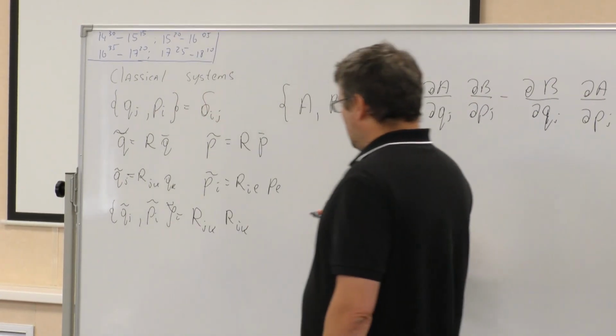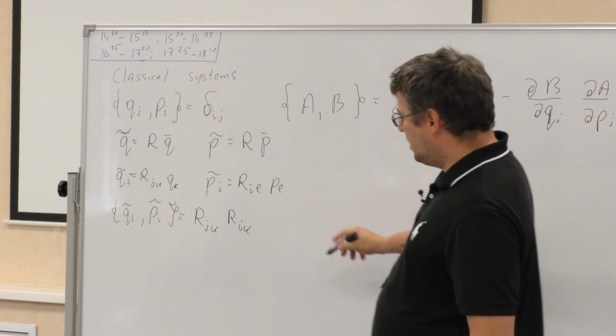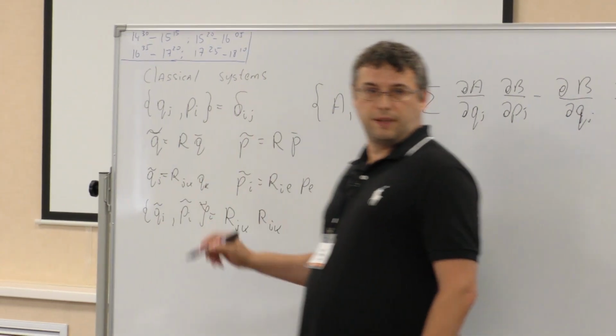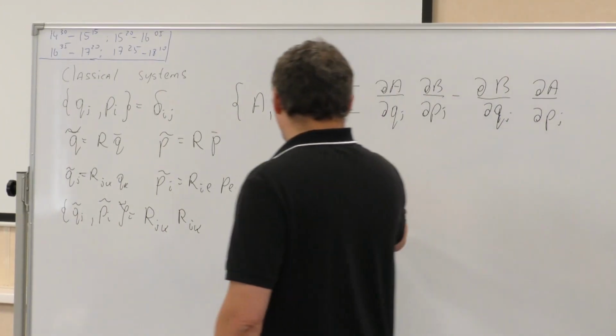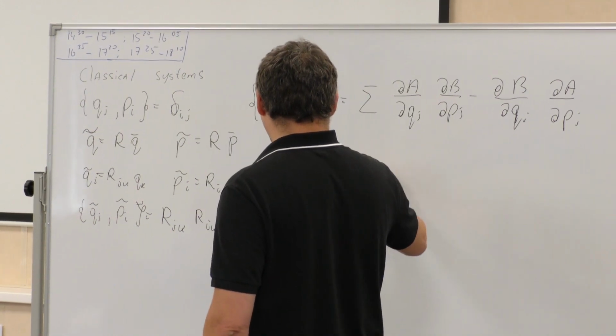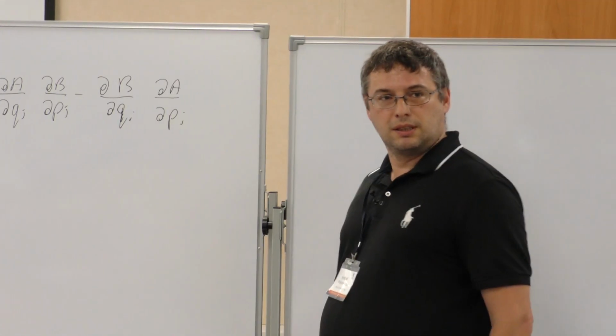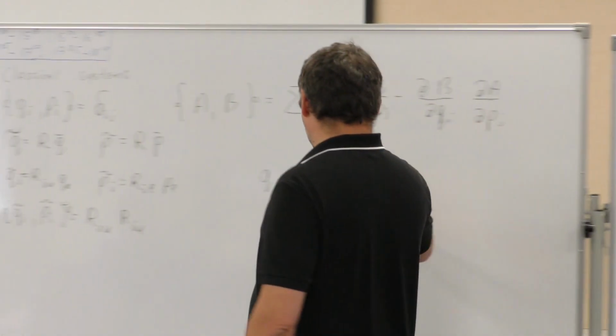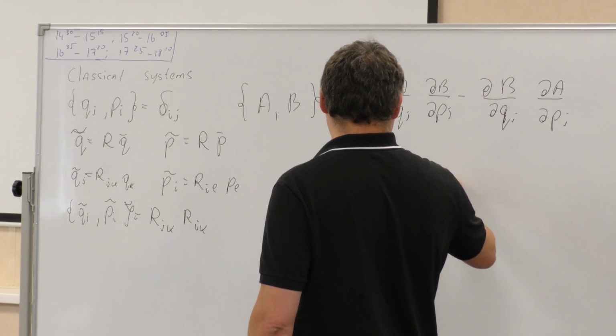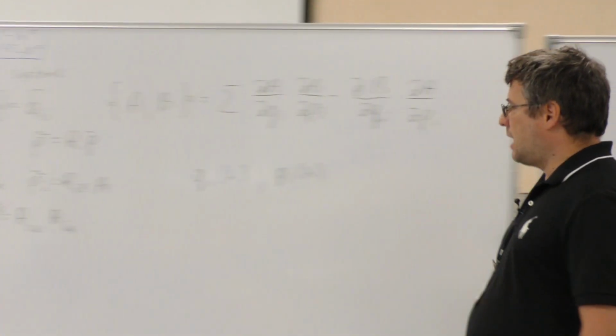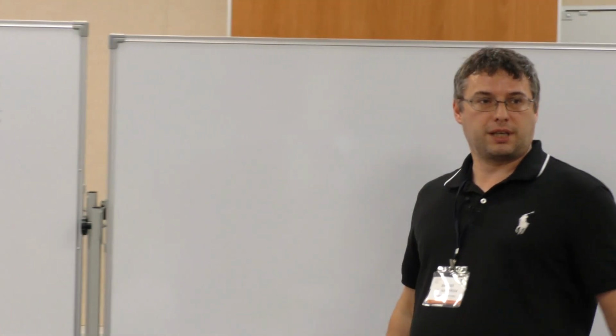So I will be asking, can I define some continuous set of canonical variables? So I'll call them Qj of lambda, so it's some continuous parameter, and Pj of lambda, such that I preserve a Poisson bracket between them.